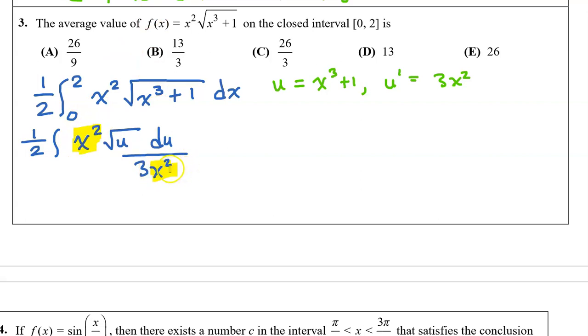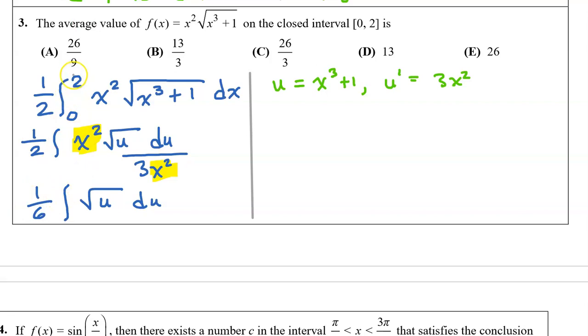These will cancel each other out, and the 3 in the denominator is going to end up out in the front as a 1/3. So I will have 1/2 times 1/3 times the integral of the square root of u du. Of course, 1/2 times 1/3 is 1/6, so I think I will go ahead and just do that.